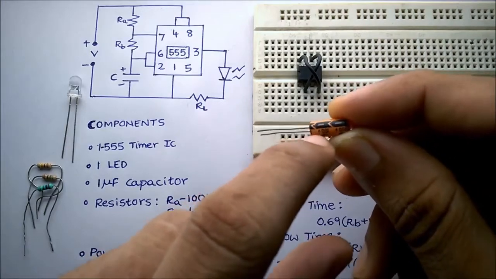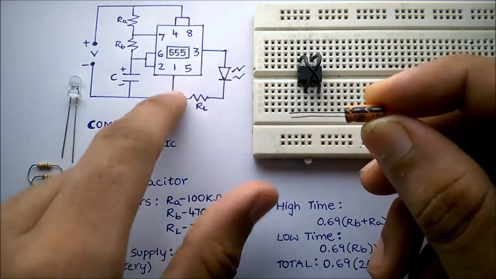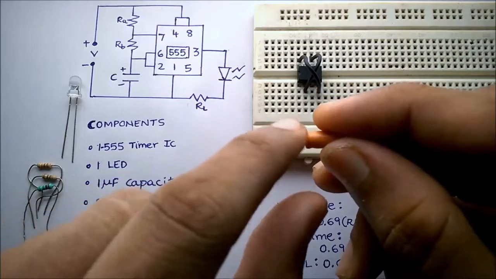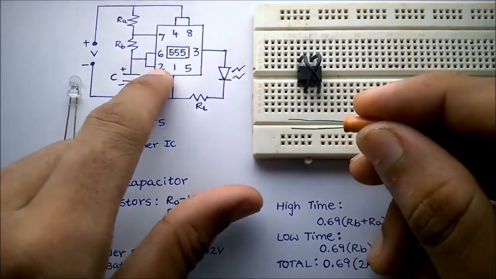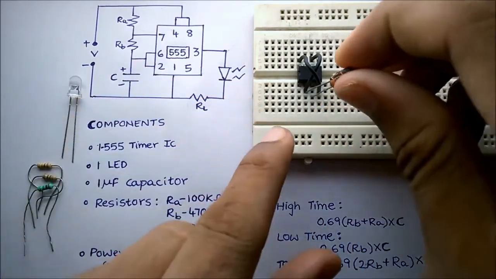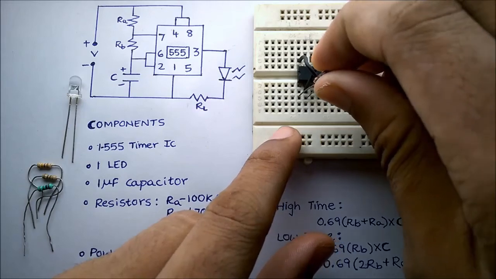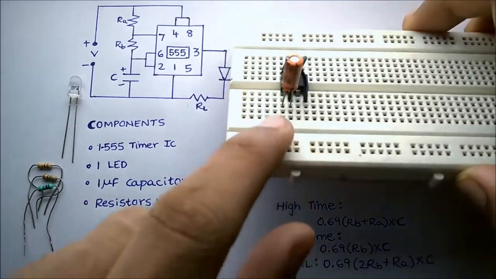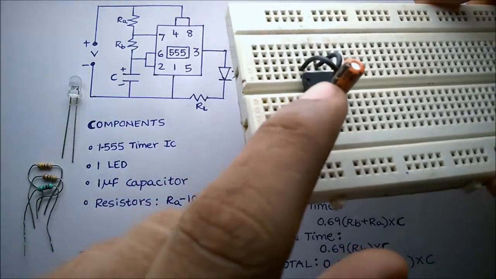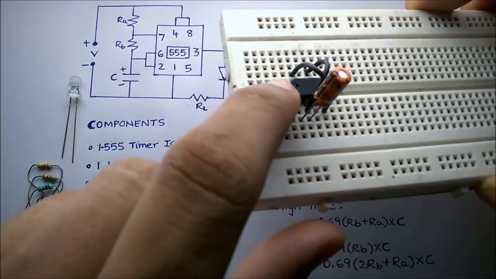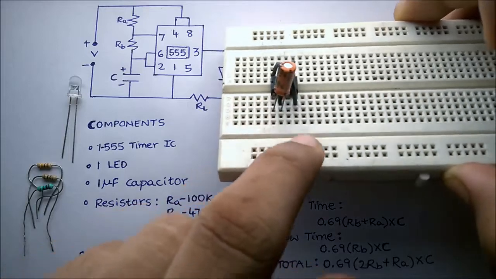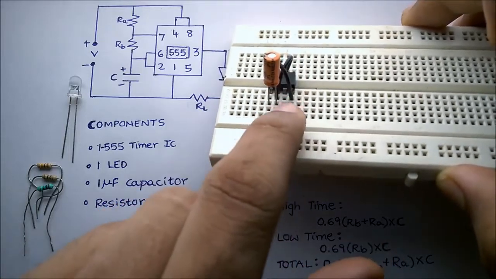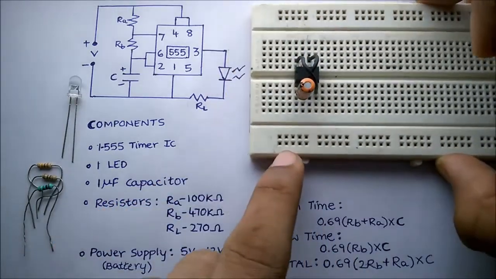You can see the symbol here. So the negative of the capacitor goes to pin number 1 of the IC and the positive of the capacitor to pin number 2.